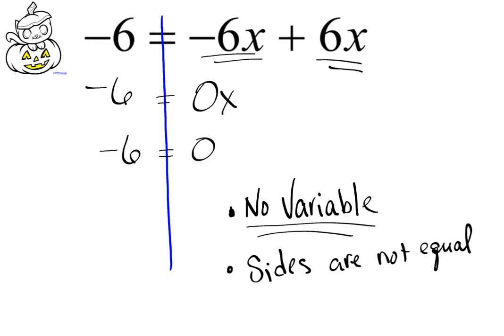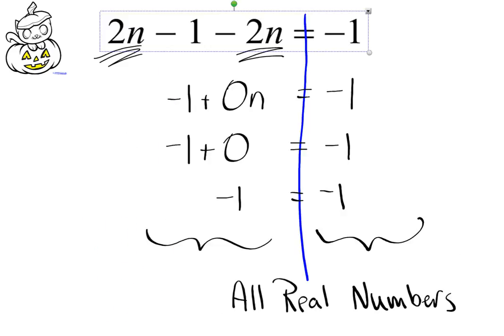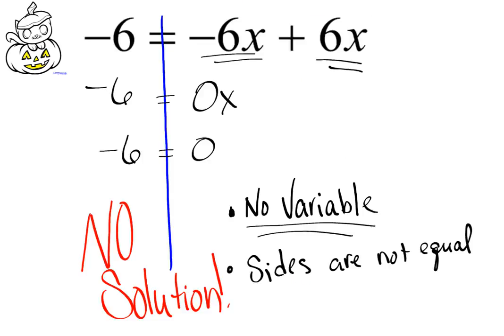Those are the two things you're looking for because our answer is no solution, which is a totally different answer. It means no number I can put in here will make this a true statement. Unlike this equation over here, where any number I put in made it a true statement, gave me all real numbers. This one is no solution because no answer I put in will make it true.